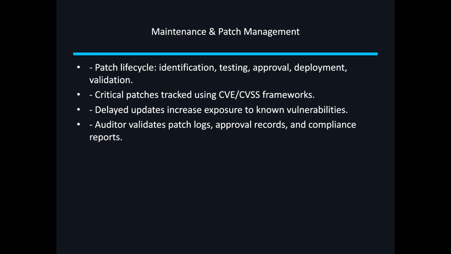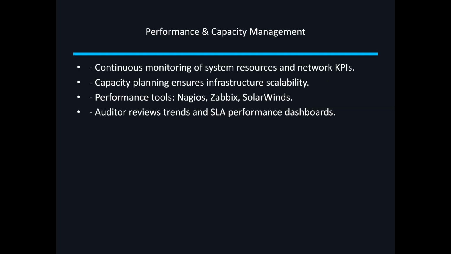Moving on to our next topic, which is performance and capacity management, which basically outlines measuring operational health. So, operational performance monitoring provides visibility into system health and identifies capacity constraints before they affect service delivery.